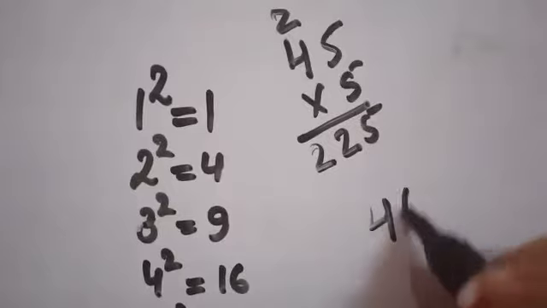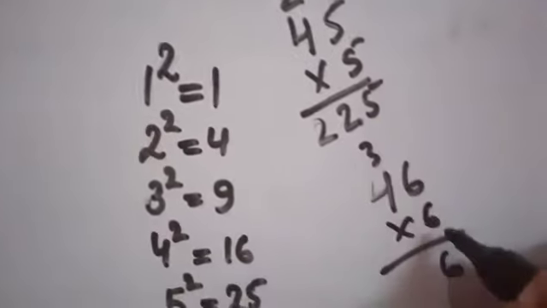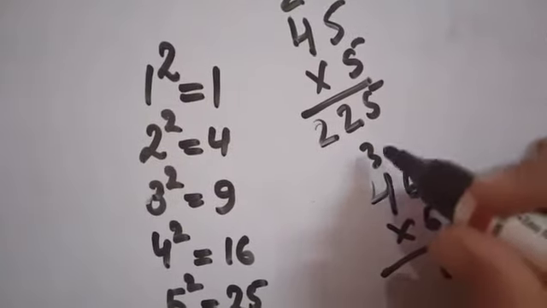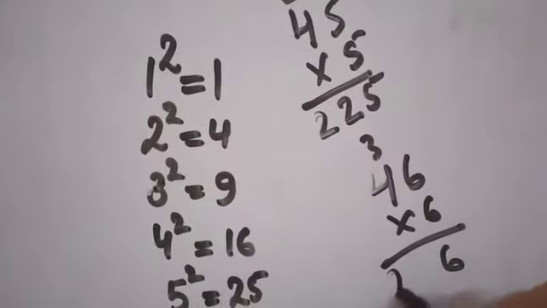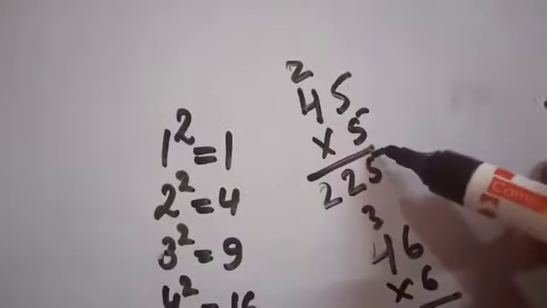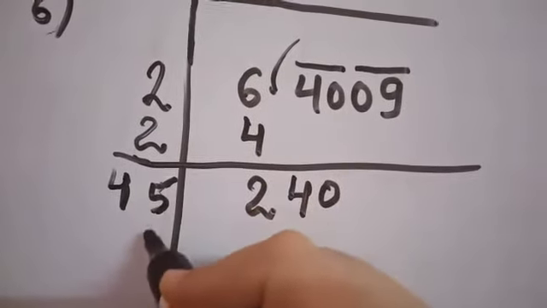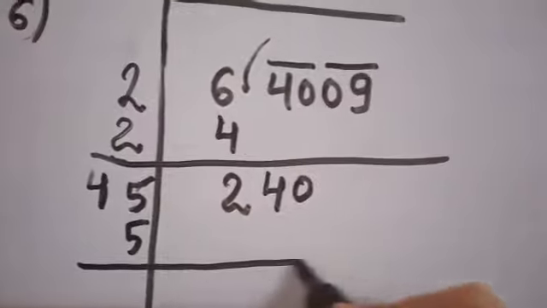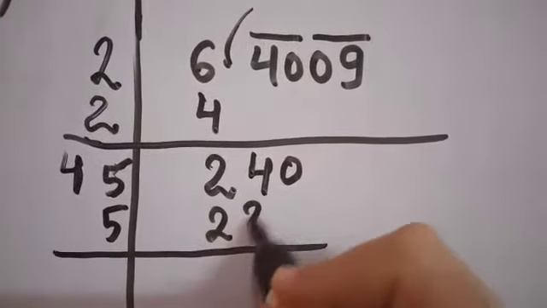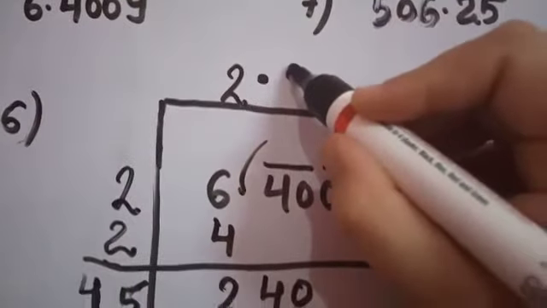And after multiplying 46 by 6, we get 6 sixes are 36, 6 fours are 24 plus 3, 27. 276 is greater than 240, so we will multiply 45 by 5, then we get 225, and the same number we will write here, 5.